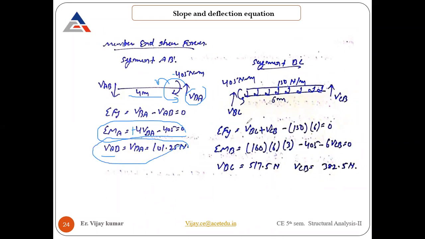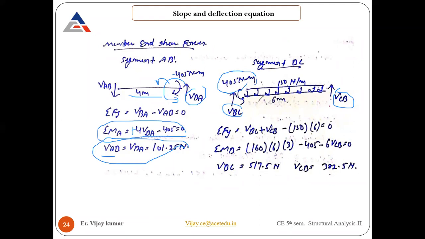Similarly, for the second segment BC, in this particular case we have a load which is a UDL. So we need to get the values of VBC and VCB again. UDL load is acting. Its value we know is 150 Newton per meter, and its value is 405, which is in the same sign that we have considered. So do not change the direction.